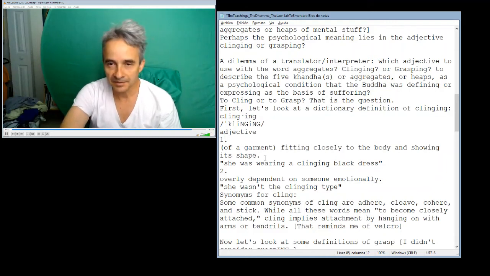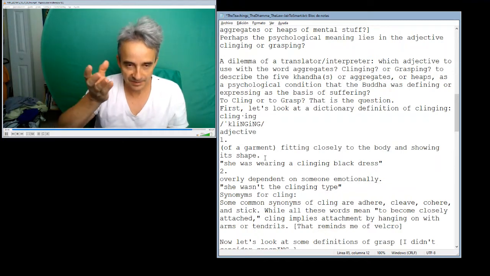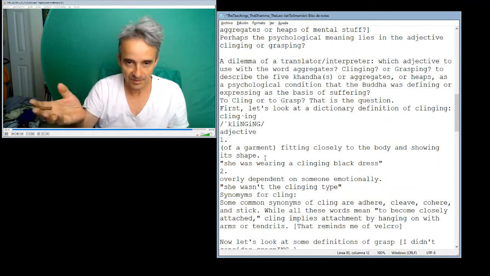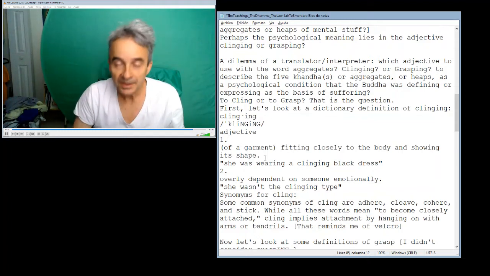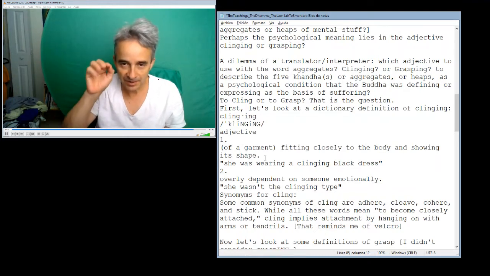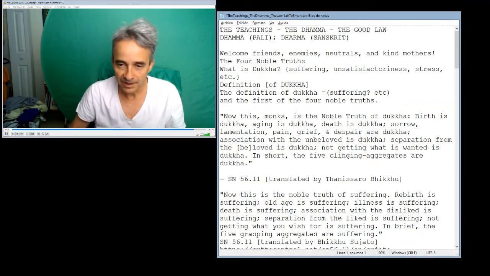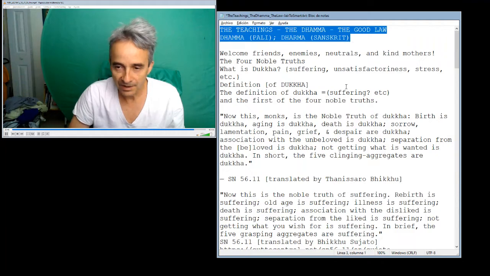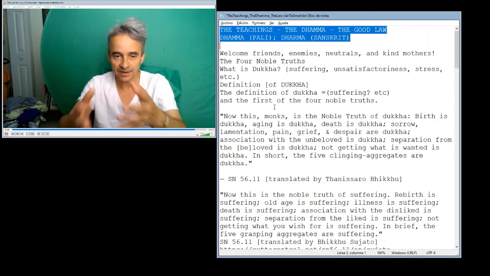And this is an afterthought of me reading the notes: I didn't have anything written down, but as I was reading the Access to Insight website and looking in particular at the Four Noble Truths, starting off with the first, I gathered all these notes.